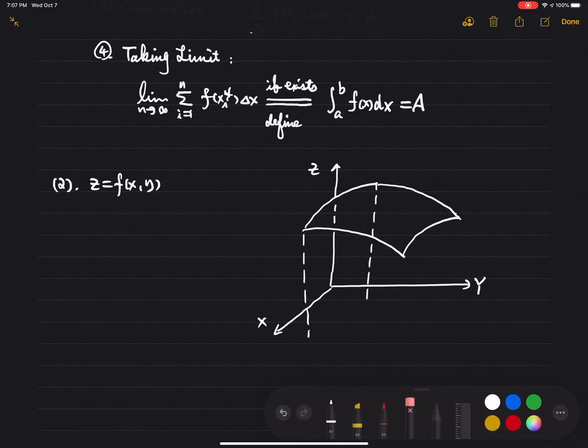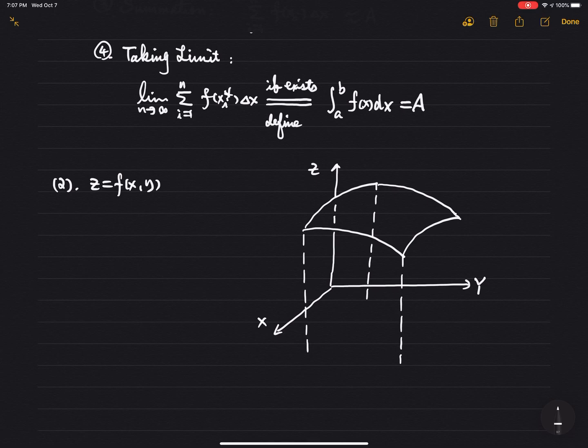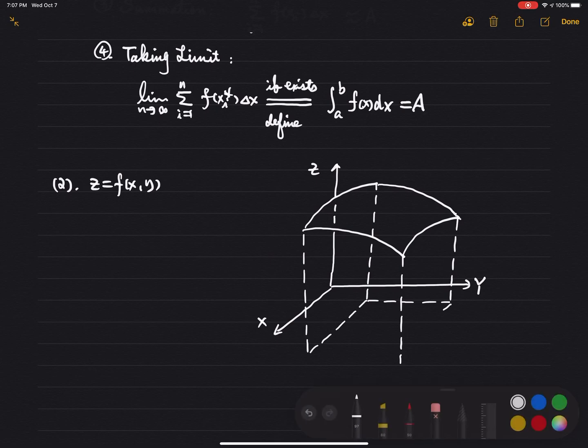I think I need to draw a straight line. Okay, so it's like this.